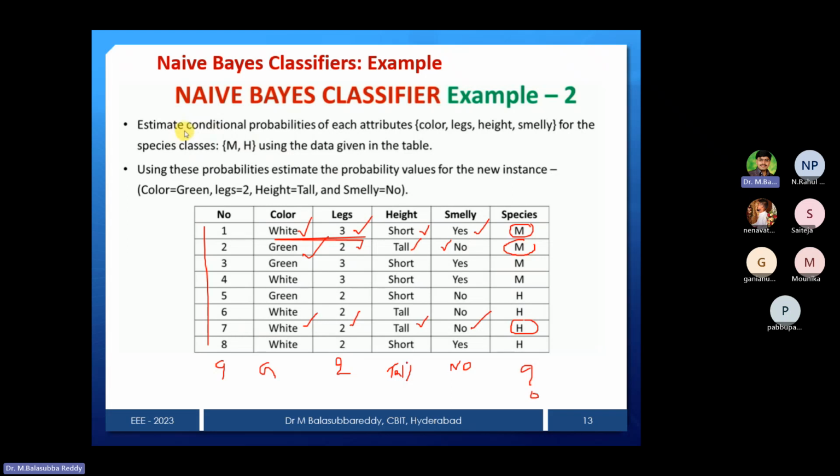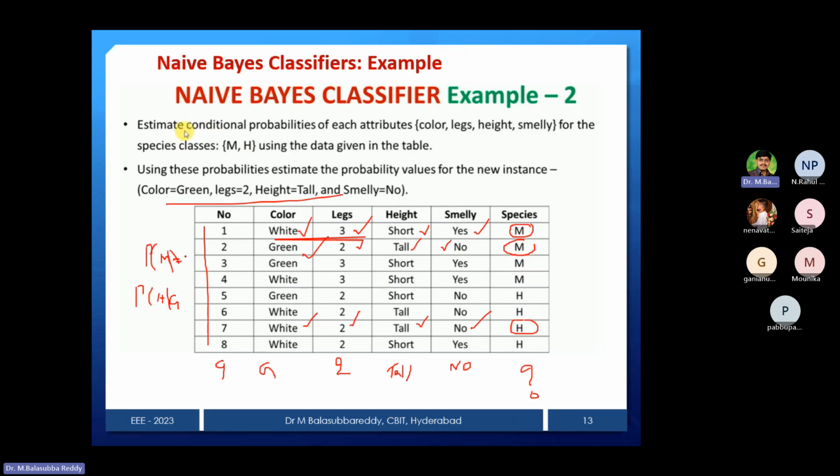First, given these instances, we calculate the probability of getting M with these features, and similarly the probability of getting H with these features. What are the features here?